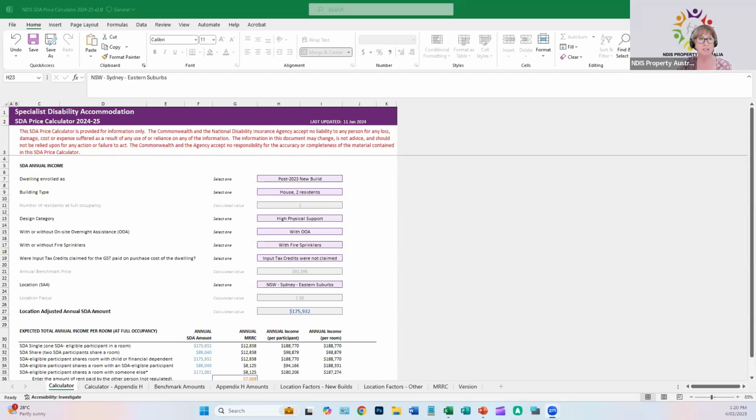But it's also really difficult if you're just talking to some SIL providers. A SIL provider will generally have a particular type of client they work with. So you might speak to a provider that only has robust type participants on their books, and they'll just say, yes, we just need robust.